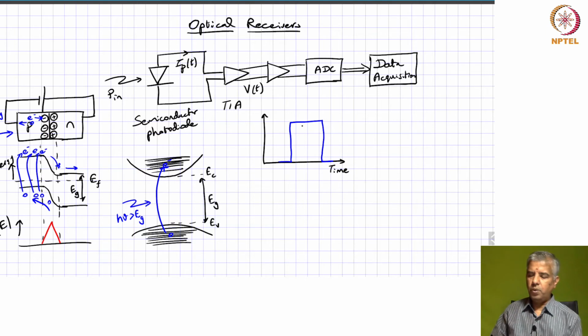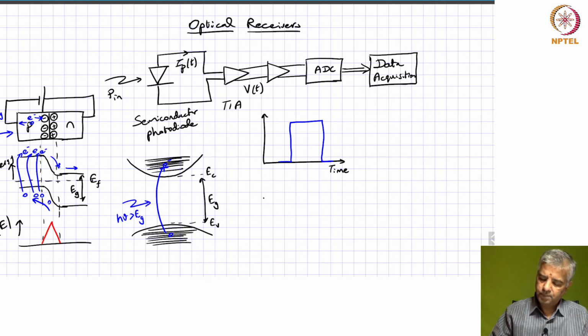If you want to look at that, you have to look at the velocity with which these charges are swept out, because that determines the time over which the photocurrent is registering in the external circuit. To look at that, you need to understand something about carrier transport.